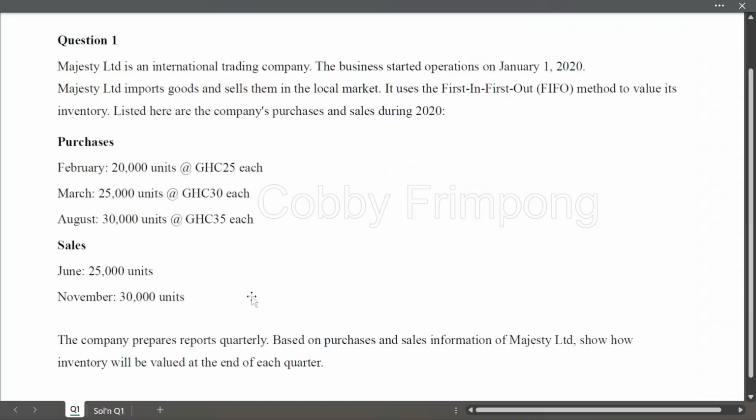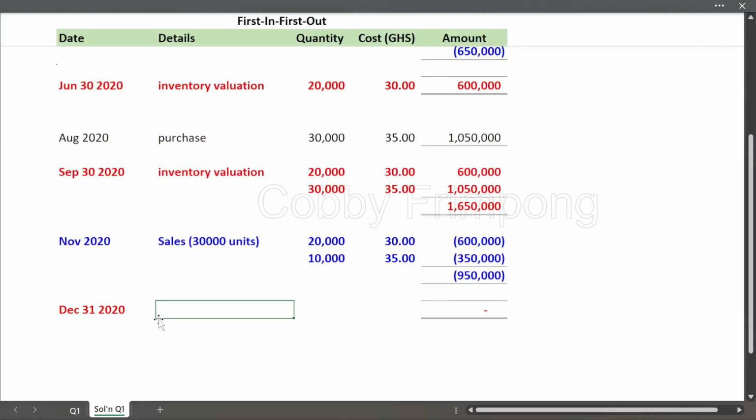There wasn't any other transaction in the fourth quarter, so we do evaluation at the end of the fourth quarter on December 31st, 2020. Inventory valuation. Out of the 30,000 units at 35, we only sold 10,000 units.